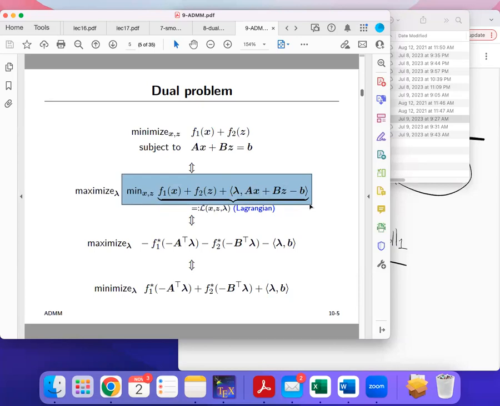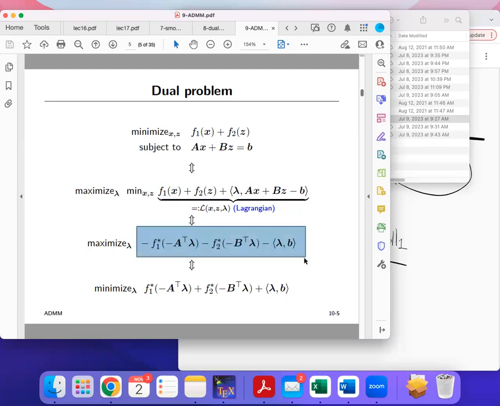So again, we will leverage the definition of conjugate function to rewrite the inner minimization using the terminology of conjugate functions. You can check that by definition of conjugate function, the inner part can be written in this conjugate form. And then lastly, we will change maximization to minimization by adding a negative sign, so we get rid of all the negative signs outside.